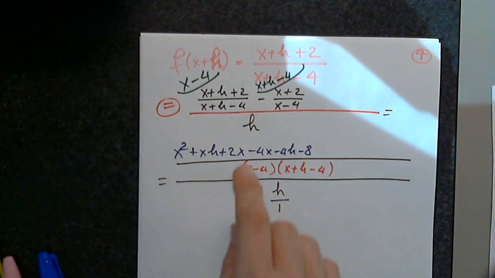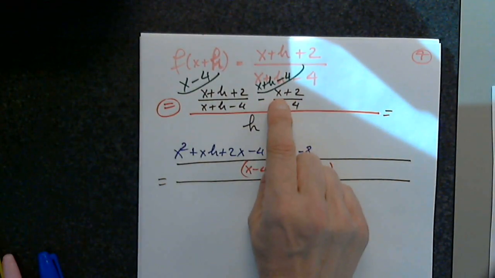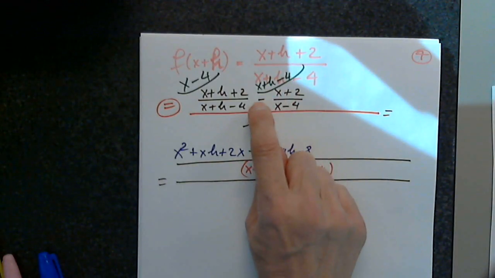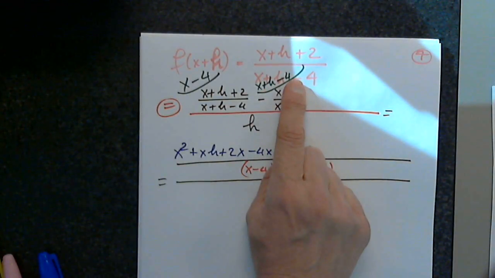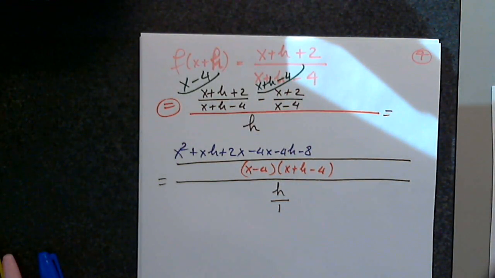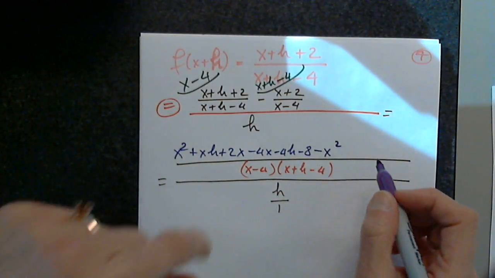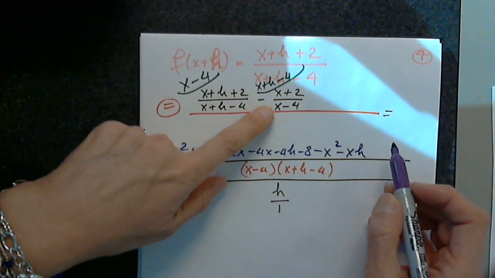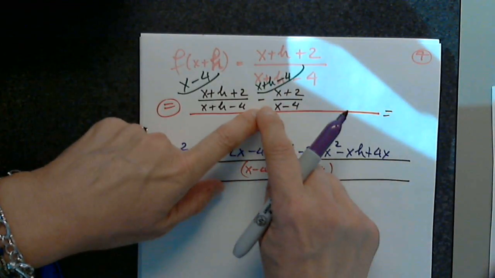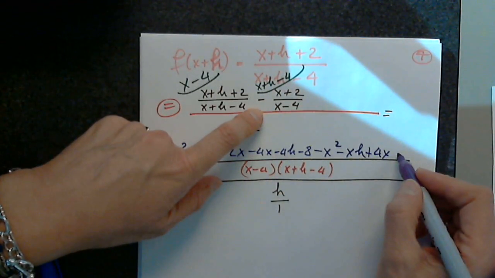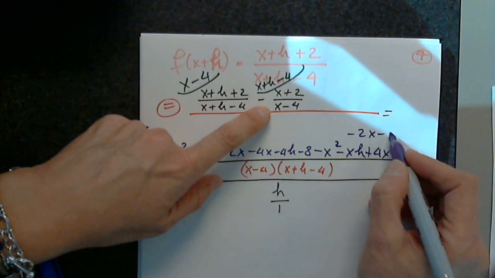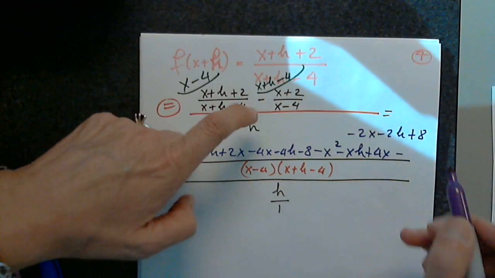Now careful here, because I have a negative x that I distribute to these three terms, and a negative 2 that I distribute to these three terms. So negative x squared, or minus x squared minus xh plus 4x. Very good. Now I distribute negative 2. Yeah, minus 2x minus 2h plus 8. That's it.